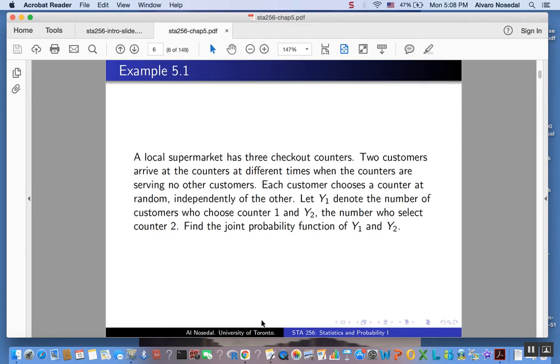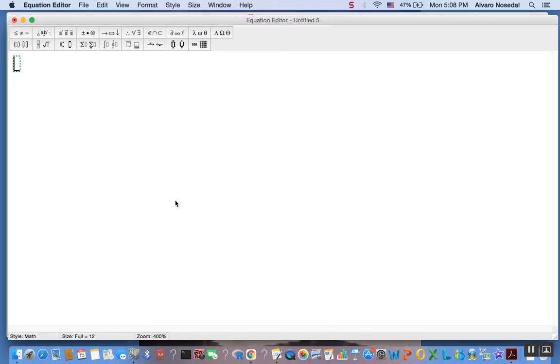Okay, so let's try and find the joint probability function for y1 and y2. As before, as we said, first we need that random experiment. So let me very quickly describe that here.